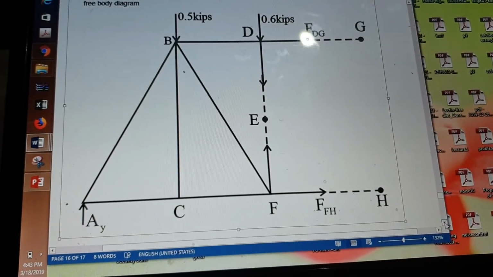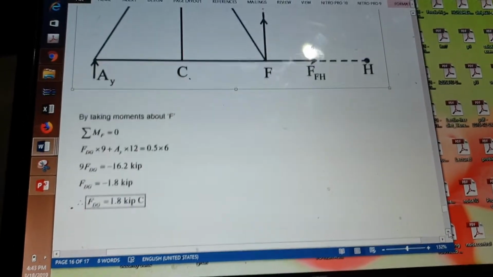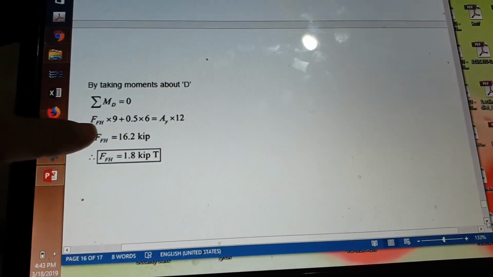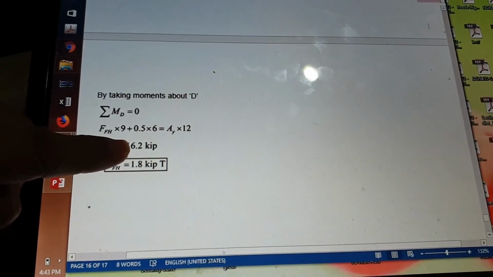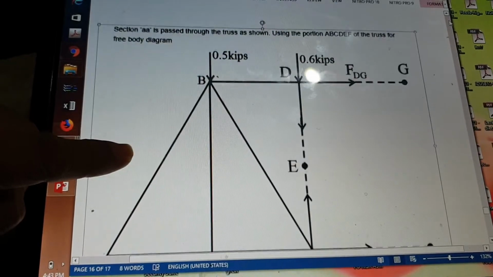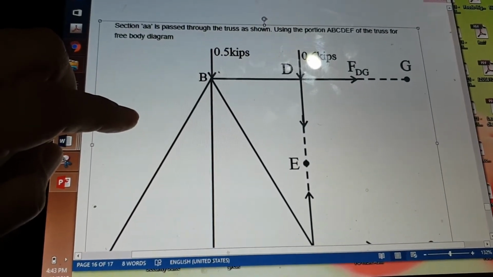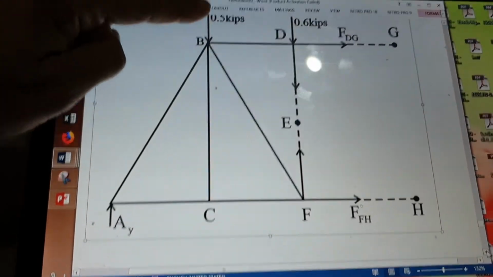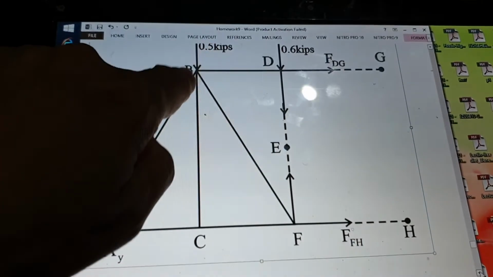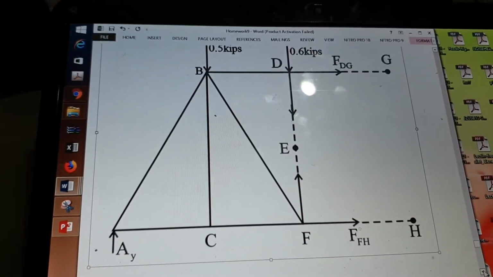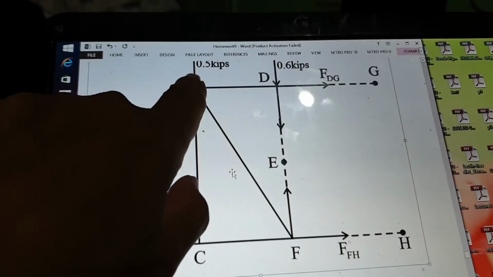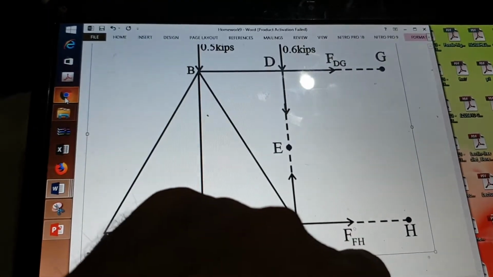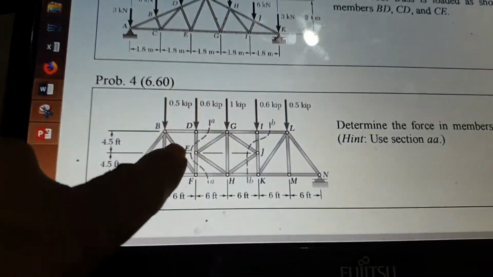So summation moment at D equal to 0. Of course, he did the other one. Let's do that. Summation of D is equal to 0. FH times 9, and of course you'll have this is gone because moved, and a nail at this 0.5 will pull the things also the same way counterclockwise. And what is the perpendicular distance between B and D?